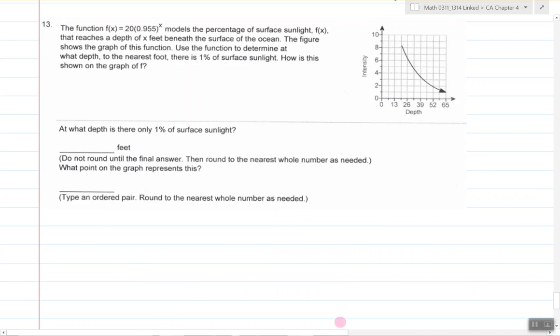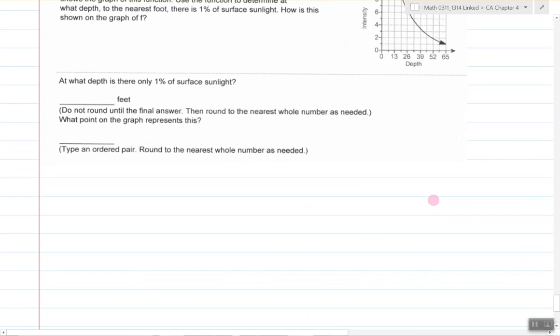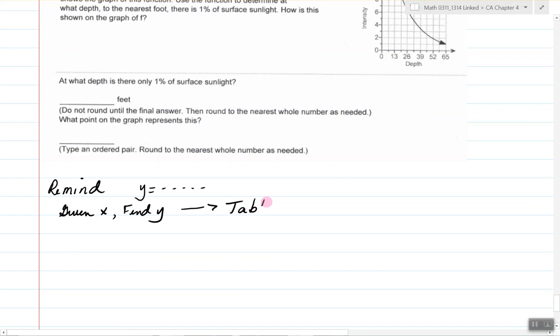All right, before I go any further with these application problems, I do want to remind you of something, and I probably should have done this before the last question. If you have a y equals blah blah blah in your y equals screen, if you are given an x and asked to find a y, you use table, and it's really quite easy.